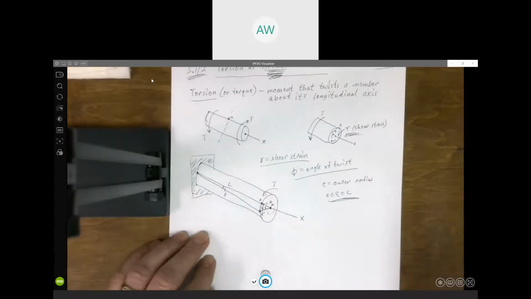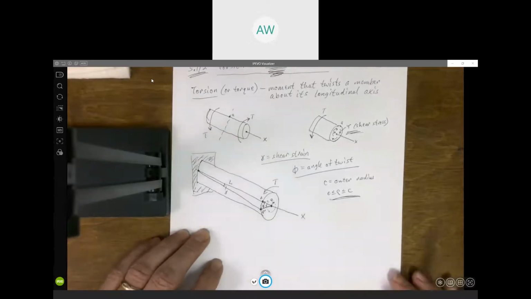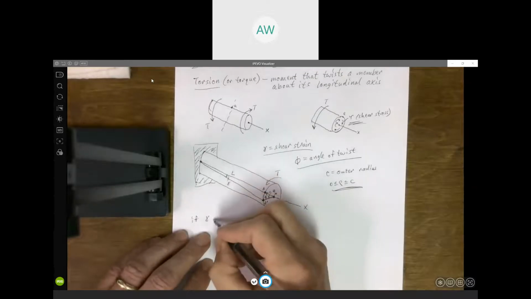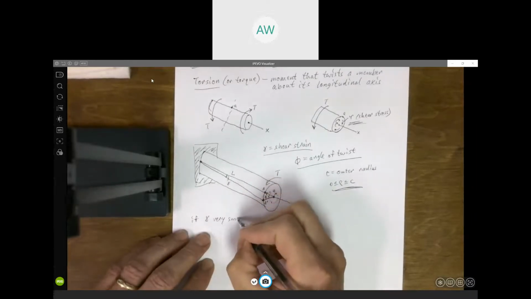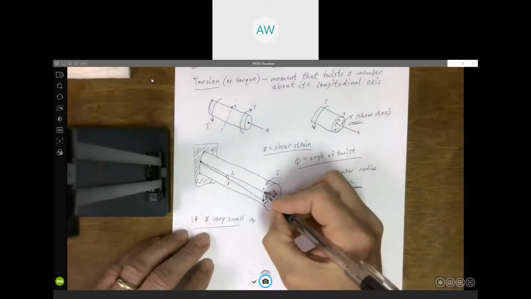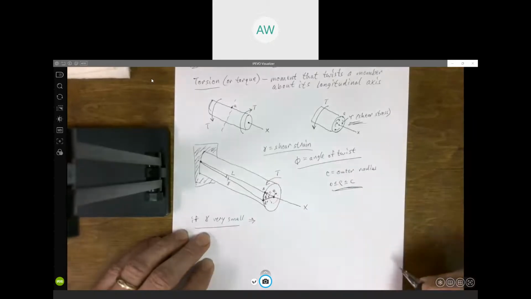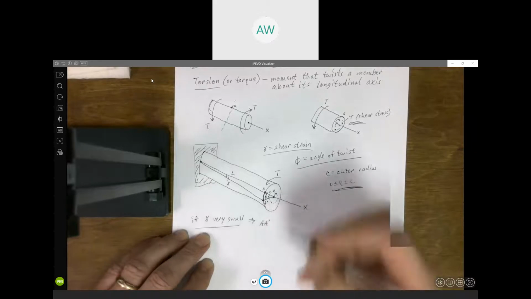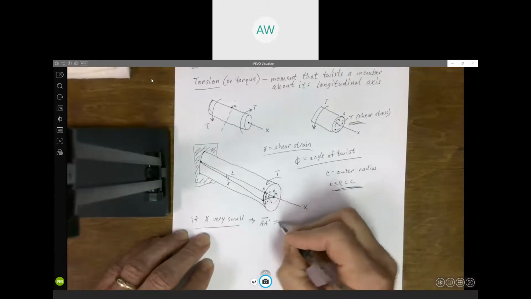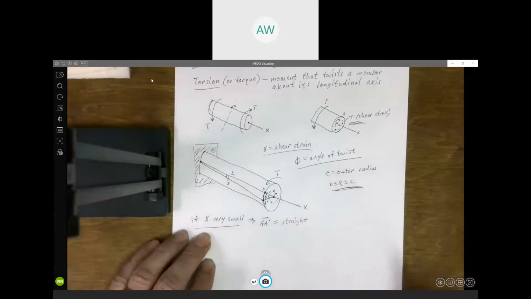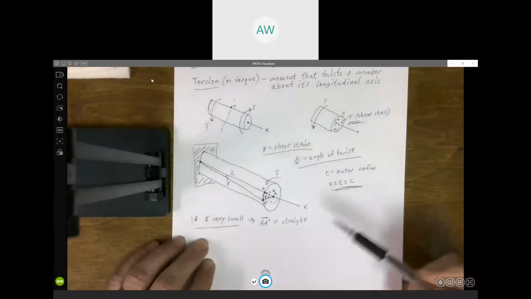All right, so what we're going to use is our small angle approximation again. So if this angle gamma is very small, then this arc length here, A prime, we're going to say is essentially straight. Same thing we've done in the past, we're neglecting the curvature.